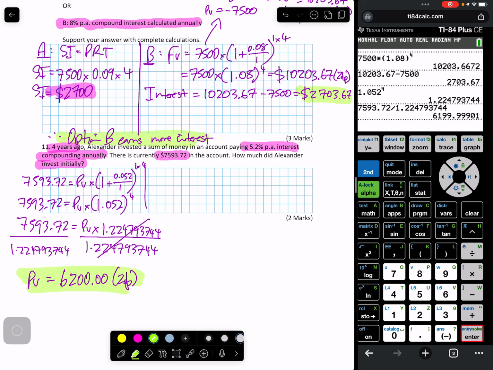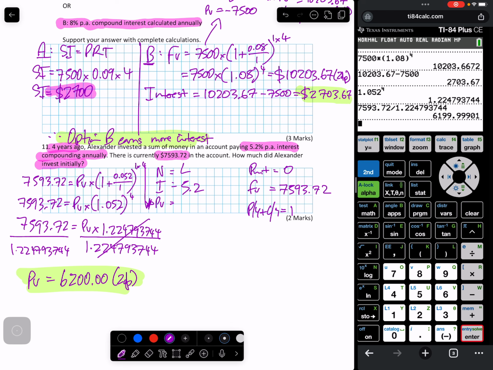Show you the TVM solver way. N, I, PV, PMT, FV, PY, and CY. Compounds annually, so both 1. There's currently $7,593.72 in the account. The interest rate was 5.2. We want to know what he started with, so PV is what we solve for. There's no payments.